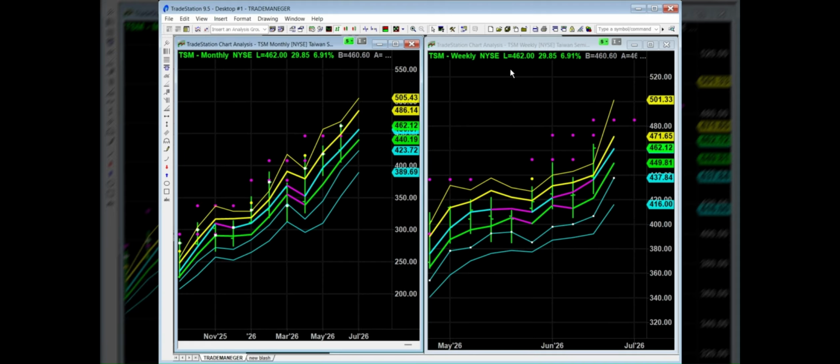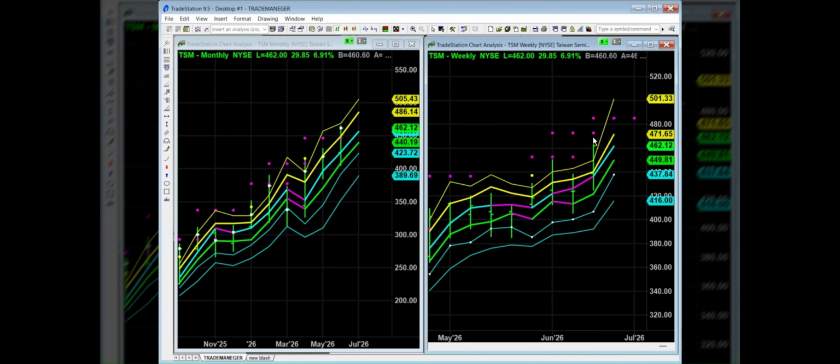So next week, the tips of these trend lines are the expected potential high and low for TSM for the next week. Last week, you see it broke out of this top yellow trend line, and there's still a gap, it hasn't reached this major red dot resistance around $471.